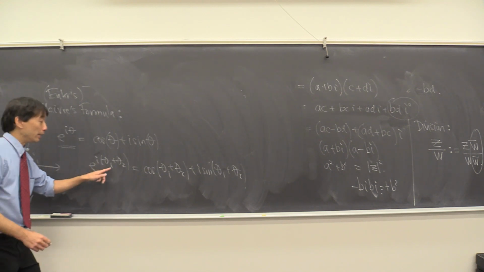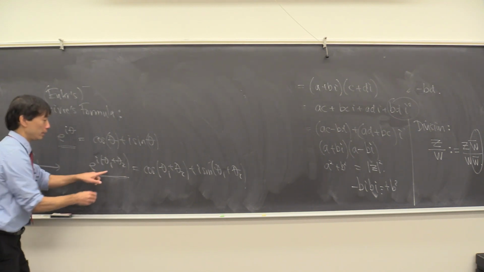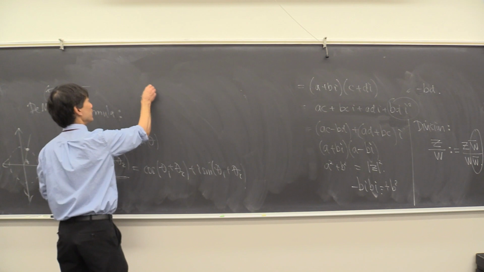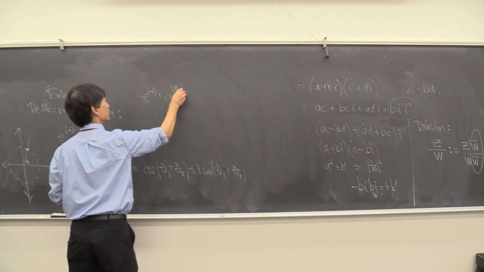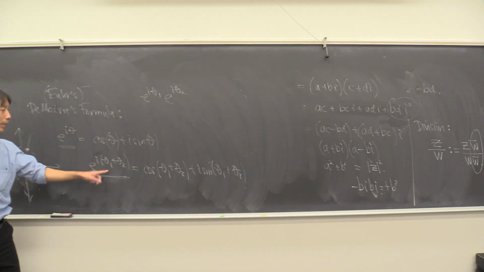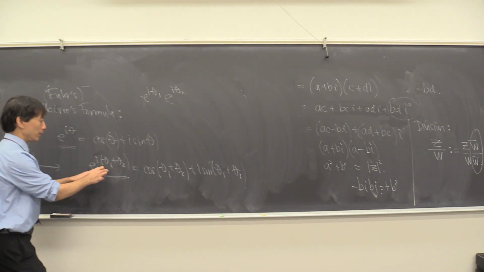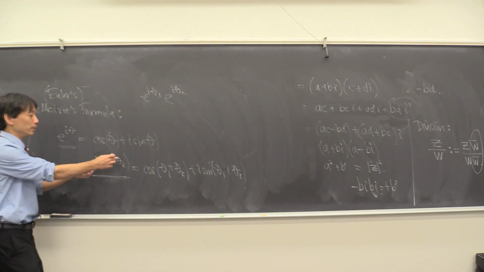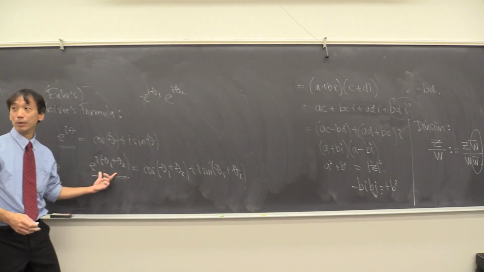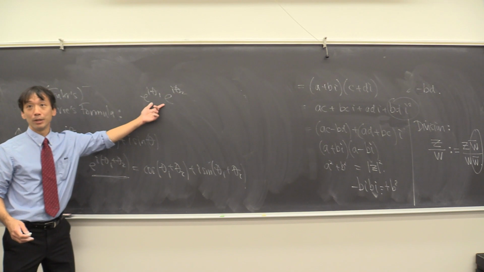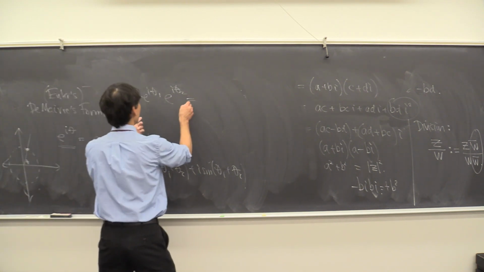But remember, this thing is e to the i theta 1 times e to the i theta 2, because this is an exponent, it's e to the something. You've got this sum, you can use the rules of exponents on it. And so what do you get there?